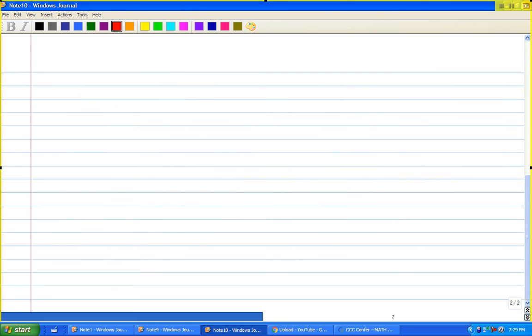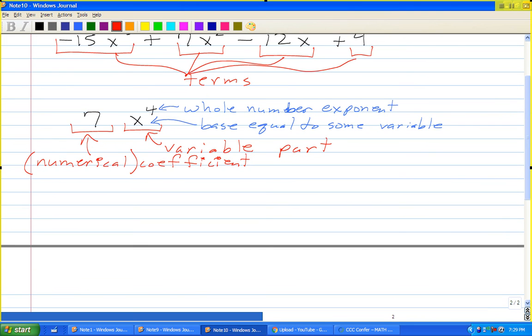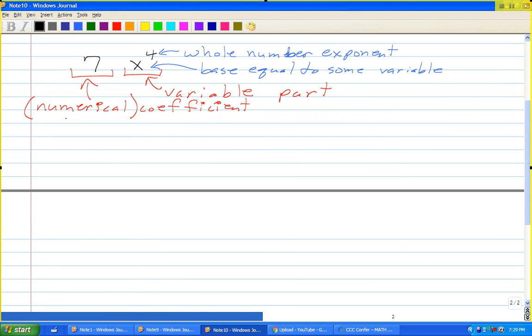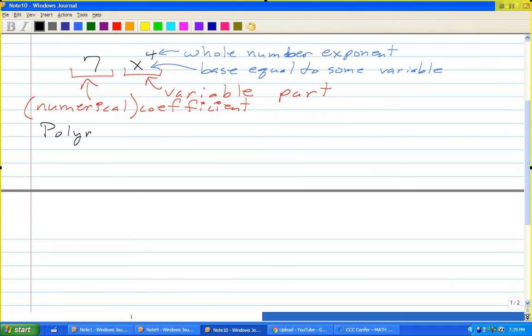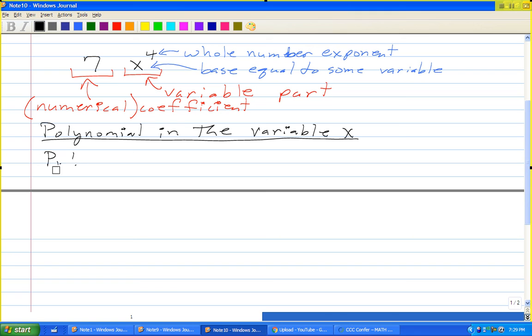So let me say this again. A polynomial in the variable x, let's denote it by p of x for polynomial.